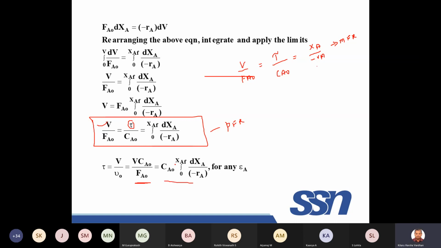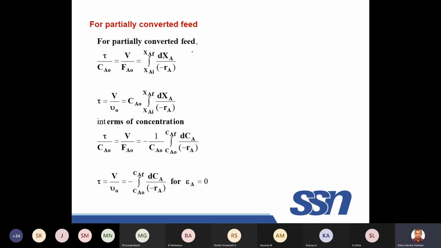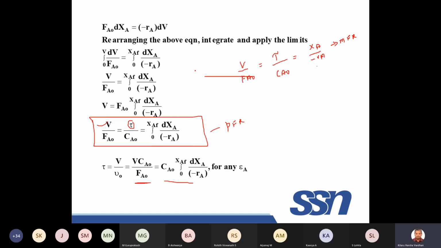You can still change dXA to concentrations also. When you change this dXA to concentration, your limit also changes to concentration, right? So you won't keep conversions.